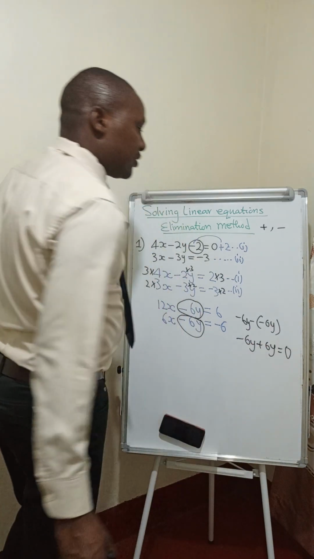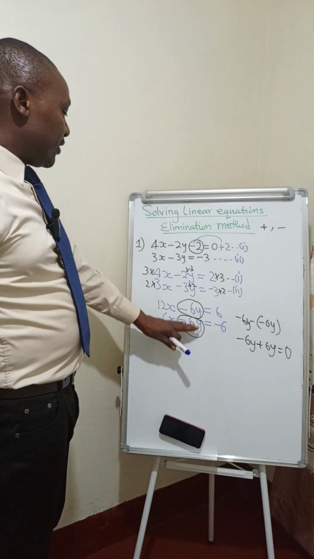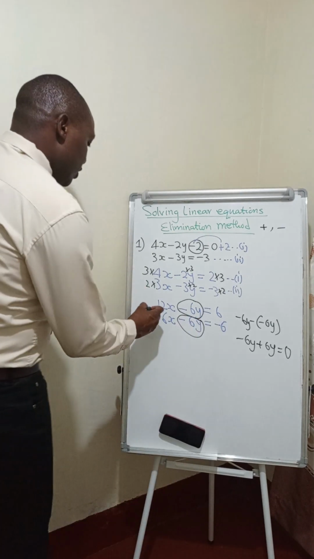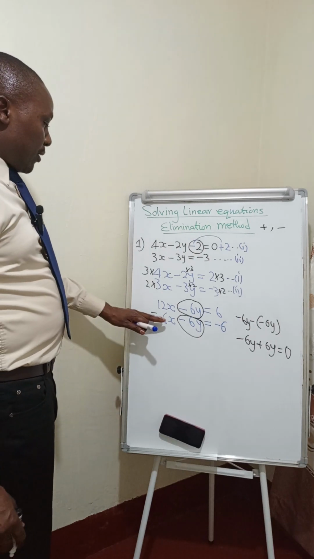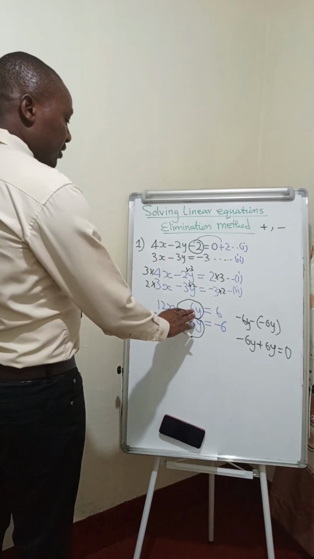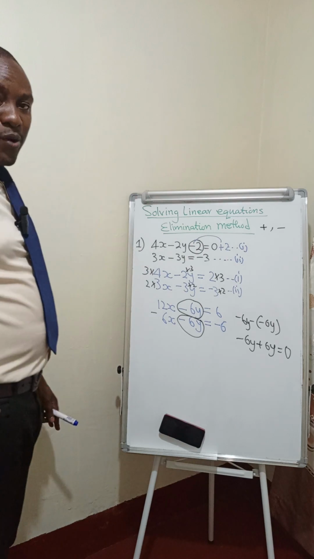This one will give us 0. So we have eliminated. We want to use subtraction to help us eliminate the y.